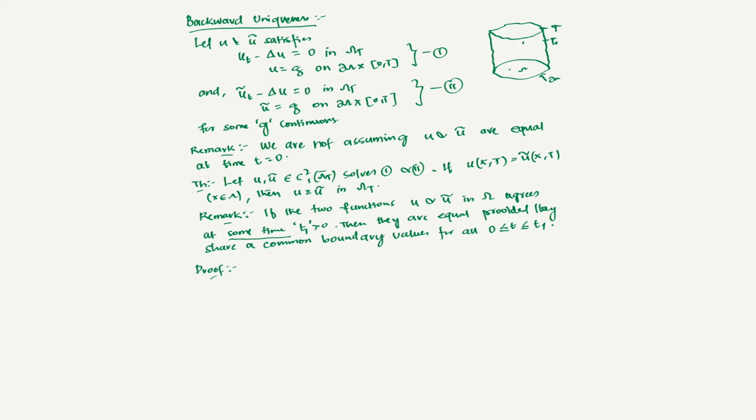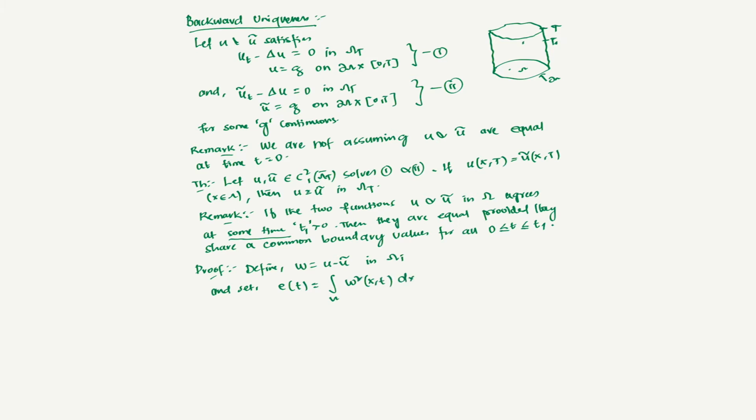What is the proof of this? First, of course, we start with our usual things. We define w, which is u minus u tilde, in omega times t, and set, as we did earlier, E(t) equal to the integral over omega of w squared of x, t dx.